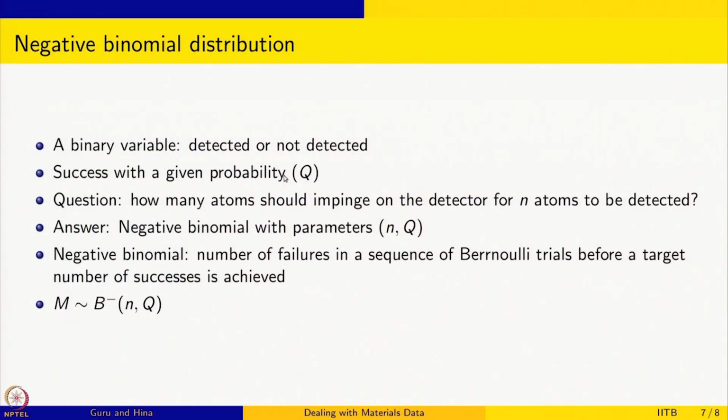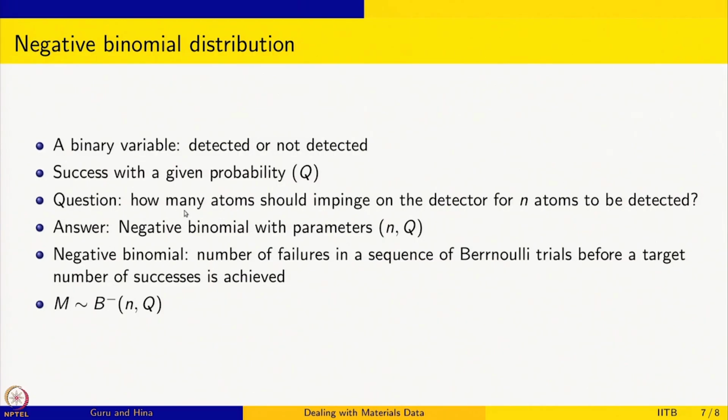So, the probability distribution is M here, and we are trying to look at the realization of M, where that random variable takes a value m. So, it is a binary variable, atoms are either detected or not detected, and there is a probability of success, quote unquote success. In this case the success is that the atom is detected.